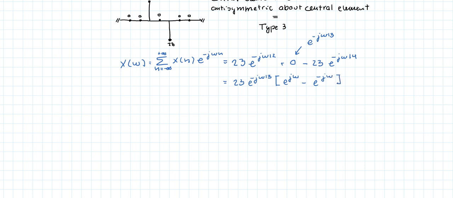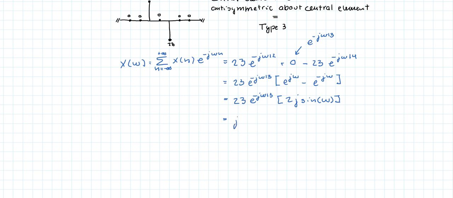And what you'll recognize is that that is equal to 23 e to the minus jw13 times 2j sine omega. So what we'll do is, to get it in exponential form, we will take out the j.